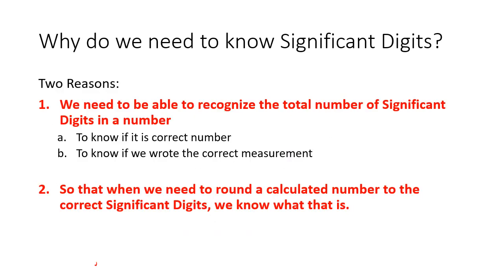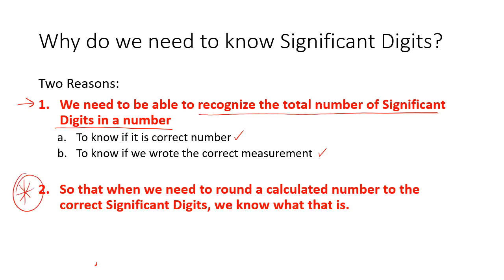Well, why do we need to know significant digits in the first place? There are 2 reasons. First, we need to be able to recognize the total number of significant digits in a number. You need to know if it's the correct number, and you need to know if you wrote the correct measurement. So for example, if I say this device will give you at least 4 significant digits, and you only have 3 written down, you know to go back and look at the measurement again.